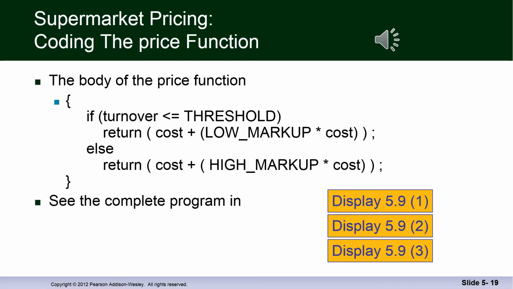It's rather straightforward, especially after we developed the pseudocode. If turnover is less than or equal to threshold, return cost plus low markup times cost, else return cost plus high markup times cost. Next, we'll take a look at the complete program and a dialog.